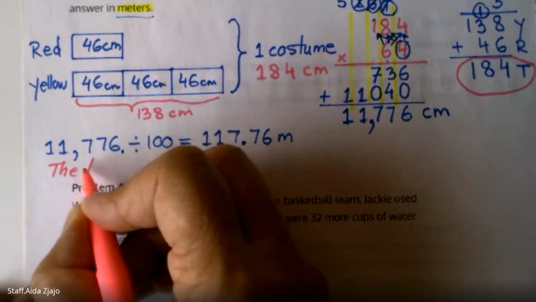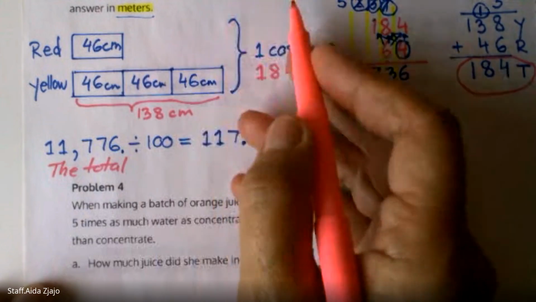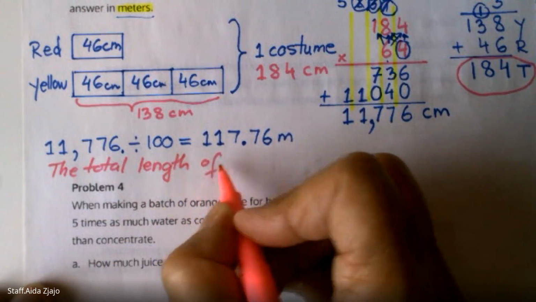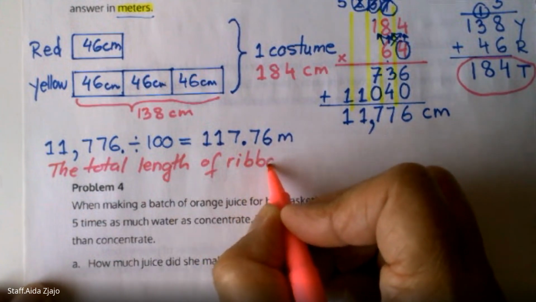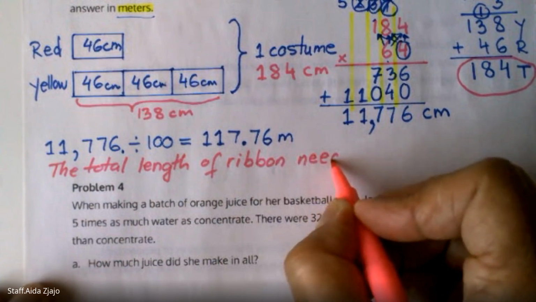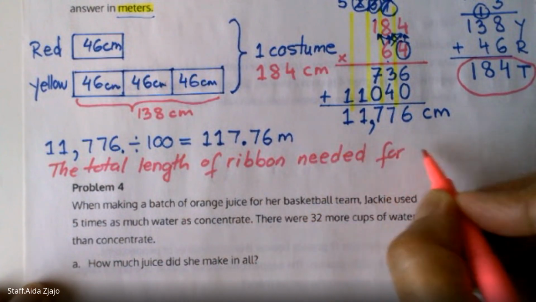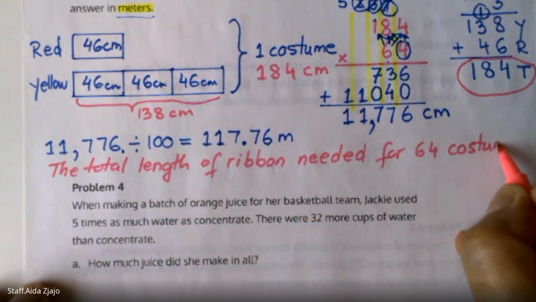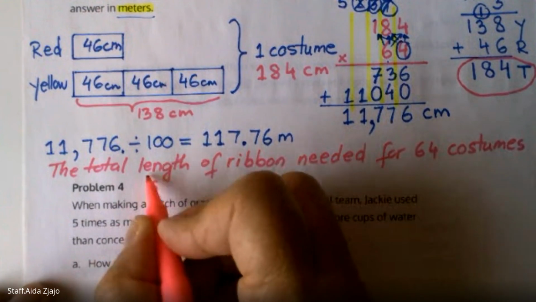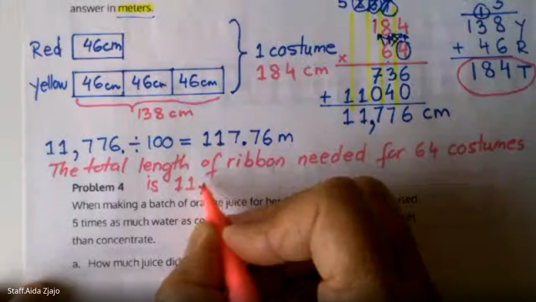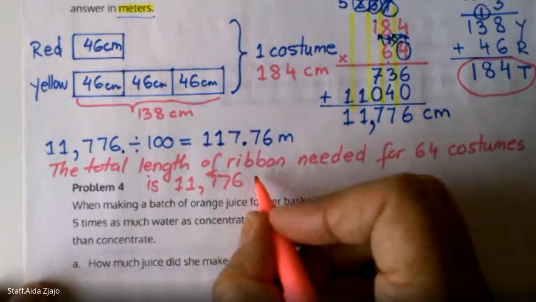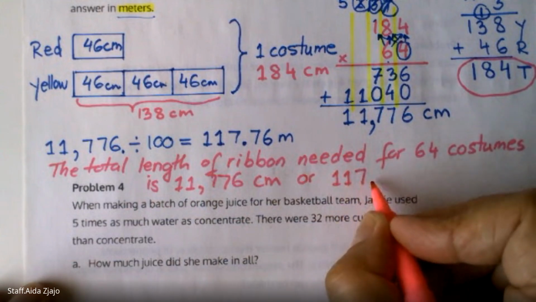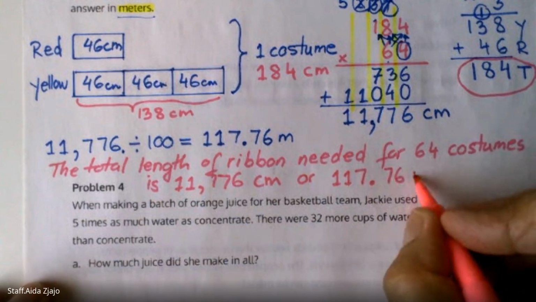The total length of ribbon needed for 64 costumes is 11,776 centimeters, or 117.76 meters.